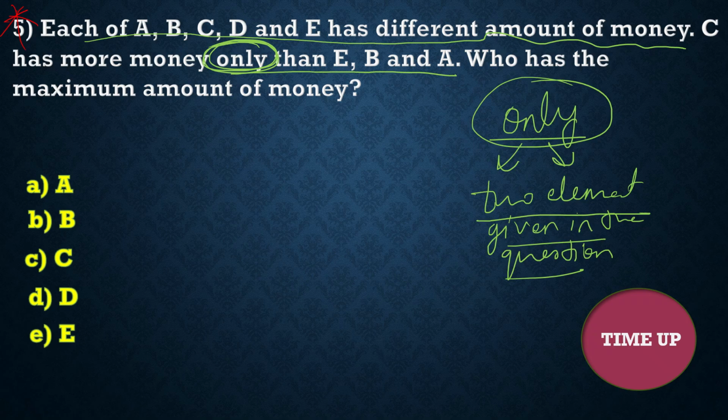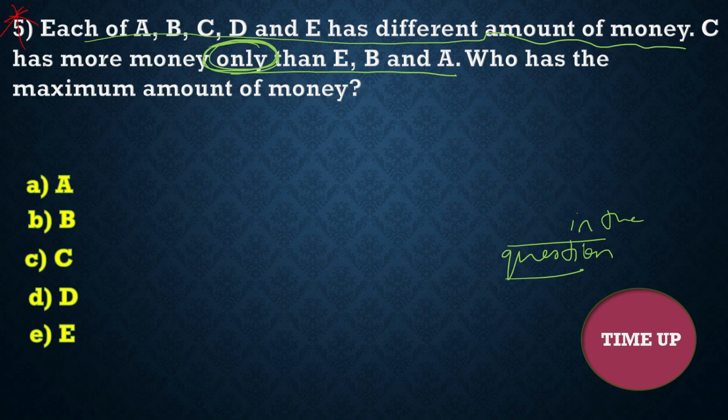So here it is saying that C has more money only than E, B and A. Five persons are there, correct?